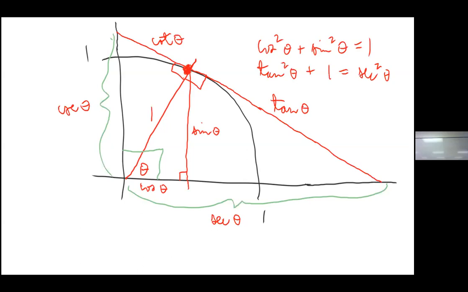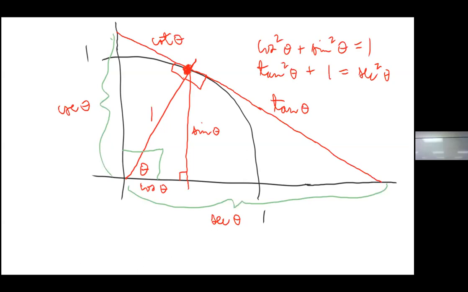And you might be saying to yourself, hey, I thought that tangent was sine over cosine. My teacher told me that tangent is equal to sine over cosine. Well, that's because you have a lot of similar triangles in this picture. Let me just show you for a minute.